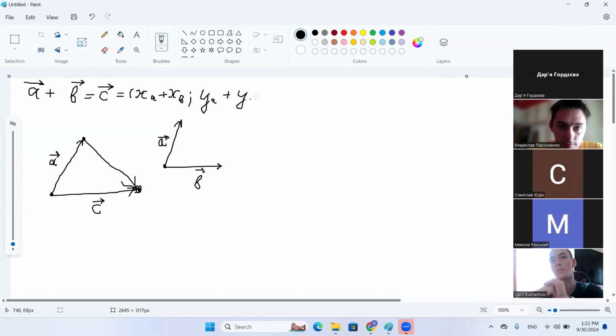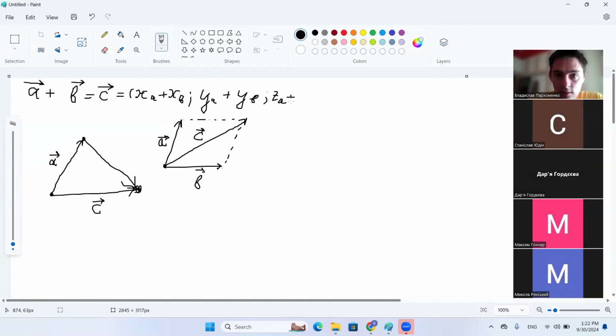We can create a line that's parallel to vector A from the end of vector B and a parallel line to vector B from the end of A. Then the sum of vectors will be the diagonal that we will have. Yeah, you are right. That is also called the parallelogram rule.